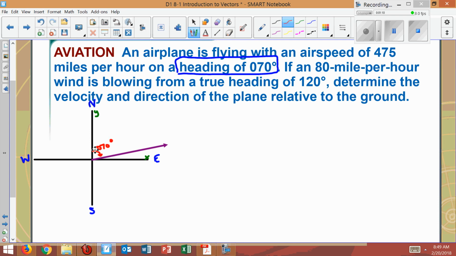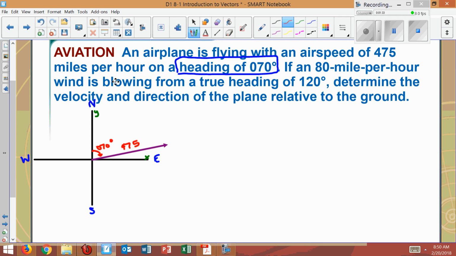The reason for the 0 is just to tell you we're talking about a system of 360 degrees starting from the north. So there we have that, and we also are told that we travel 475 miles per hour.